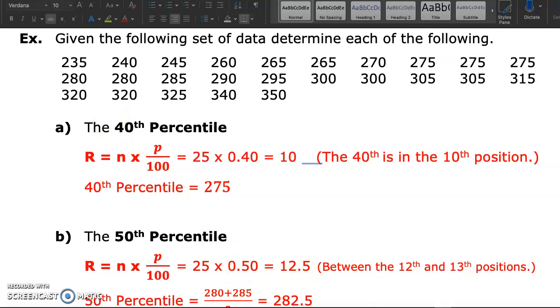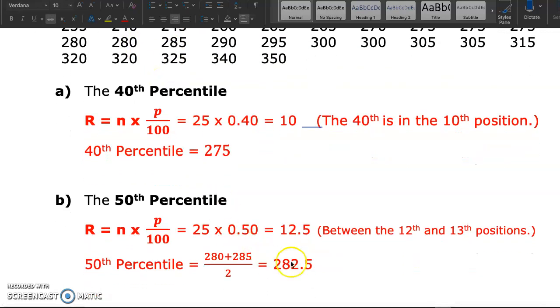There's 10 in each row, so 11, 12, and 13. So 12 and 13. If we look at the midpoint between these, add 280 plus 285 and divide by 2, we get 282.5 as the value of the 50th percentile. So this value is above or equal to 50% of the data.